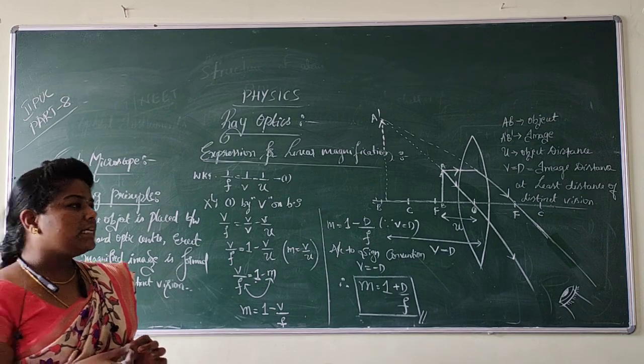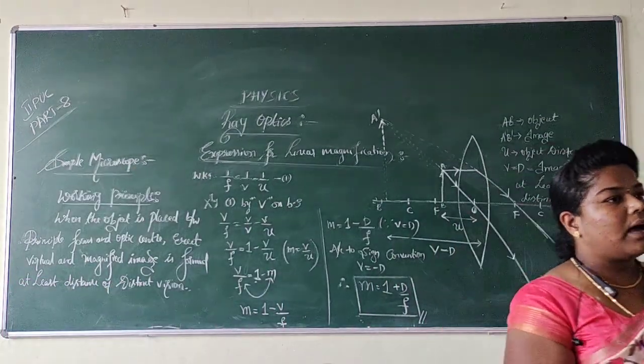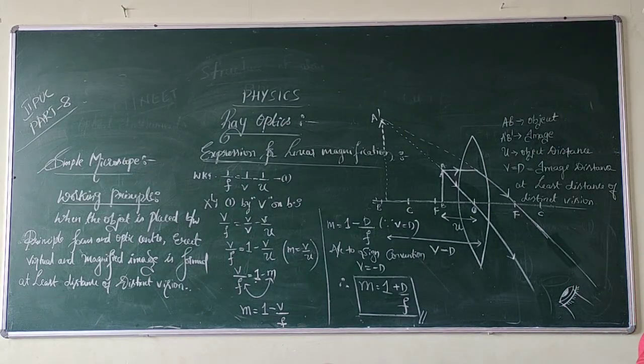How the image is formed by the simple microscope and how to calculate the angular magnification, let us see in the next class, but now let us define what is the angular magnification.